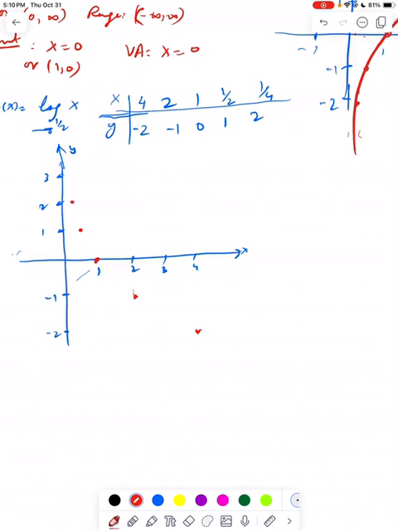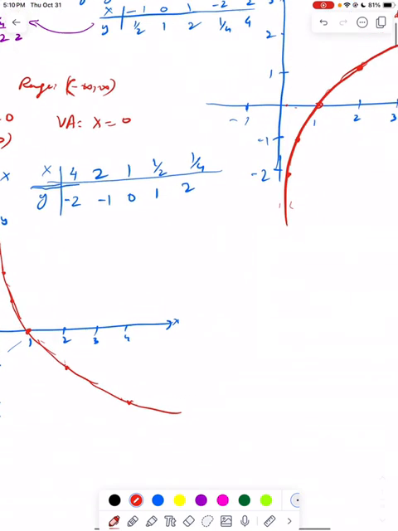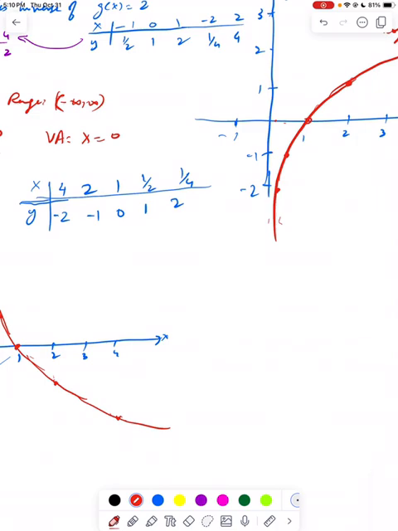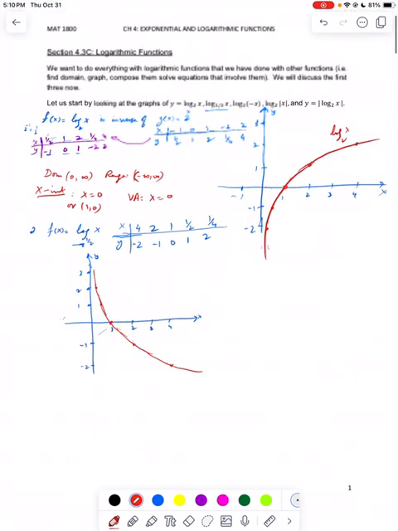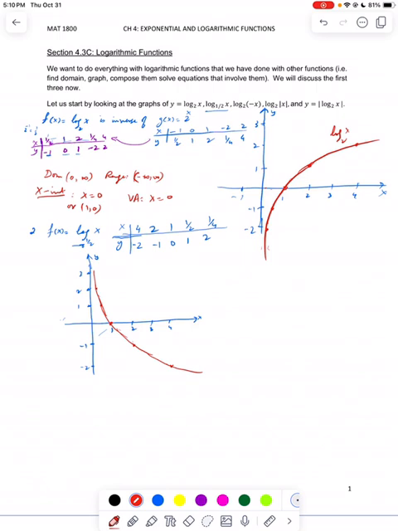So what happened here? Can you see? If you compare this graph with the first graph, you can see that this one is a reflection of the previous graph over the x-axis.